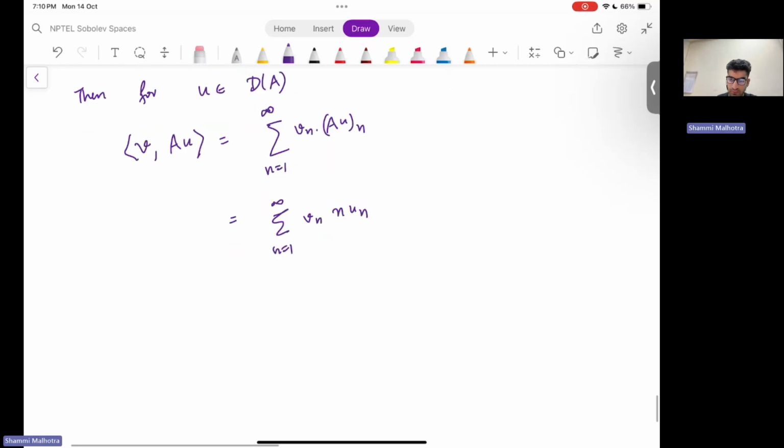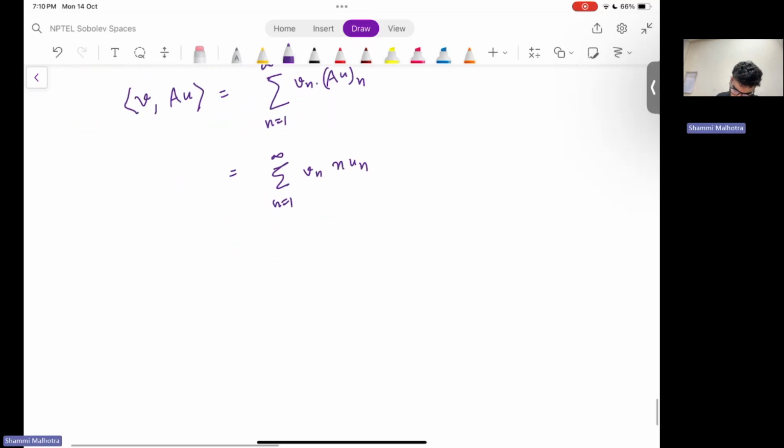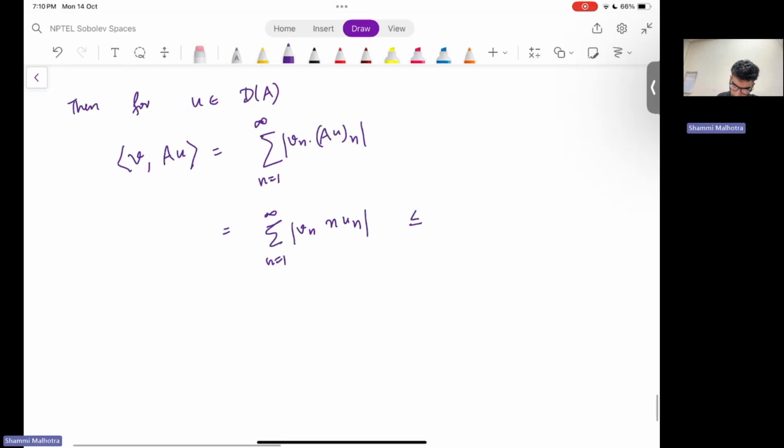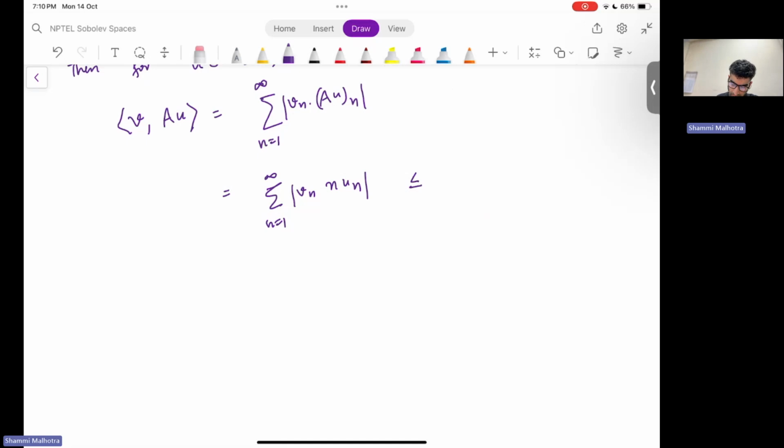As we know that n v_n is again in L infinity, this can be bounded above, in modulus, by the L infinity norm of n v_n times the summation n from 1 to infinity of |u_n|, that is the little L1 norm.